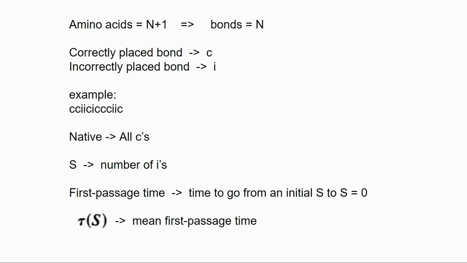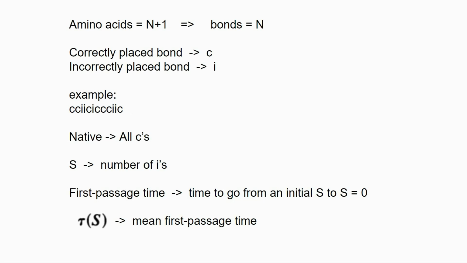So consider a protein which consists of N plus 1 amino acids, hence the number of bonds would be N. And consider that each bond has some amount of stable conformers, but we can classify each bond to be either in the conformer that the native state would be in, or it would not. So basically a bond can be either incorrectly placed or correctly placed.